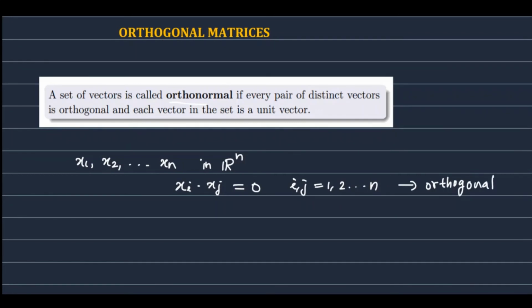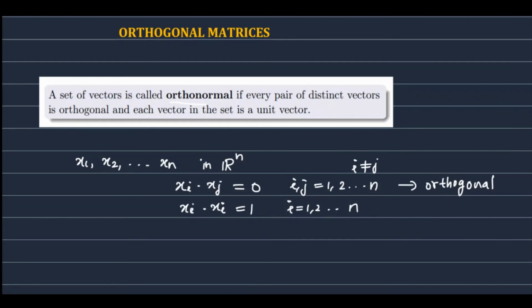Now to get orthonormal vectors, their length should be 1. So for that we should have xi dot xi equal to 1. Here we have i not equal to j for the orthogonality condition, and when i and j are equal, we have xi dot xi equal to 1, where i varies from 1 to n.